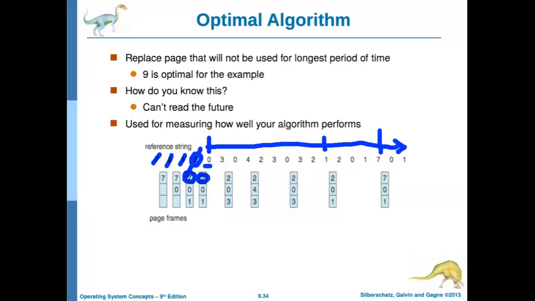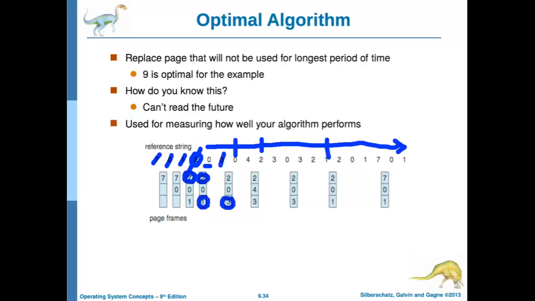Let me delete this, assuming this is a timeline again. 2, 0 and 1. 2 is required here, 0 is required here. So for the longest period of time 1 is not required, right? So 1 will be replaced with 3. See here, 2 and 0 are the same. So for 3 also there is a page fault.